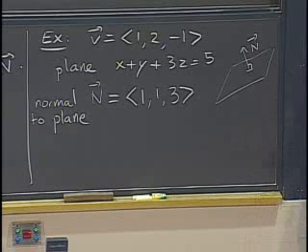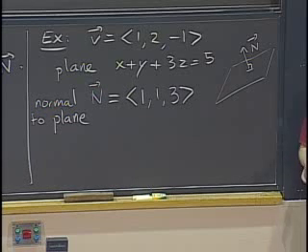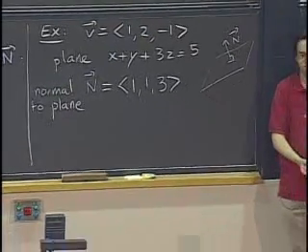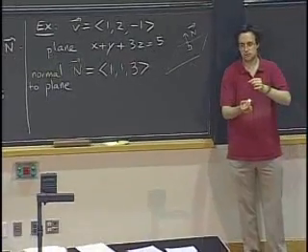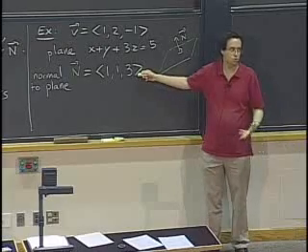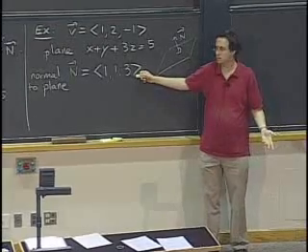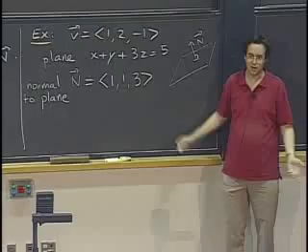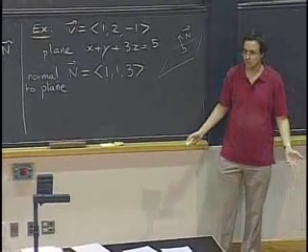How do we get all the other vectors that are perpendicular to the plane? Well, all the perpendicular vectors are parallel to each other. So that means that they are just obtained by multiplying this by some number. 2, 2, 6, for example, would still be perpendicular to the plane. 1 half, 1 half, 3 halves is also perpendicular to the plane.